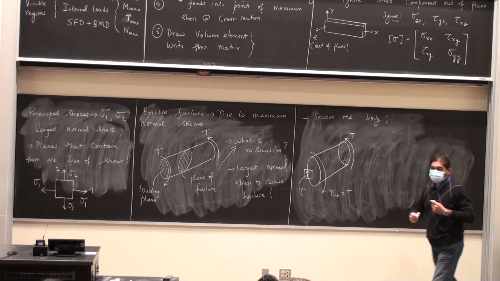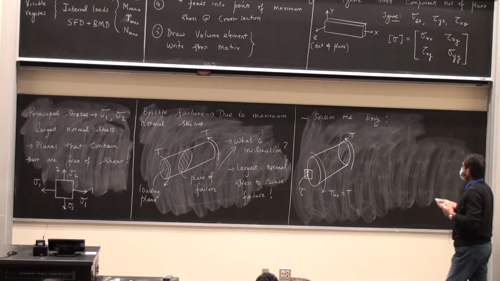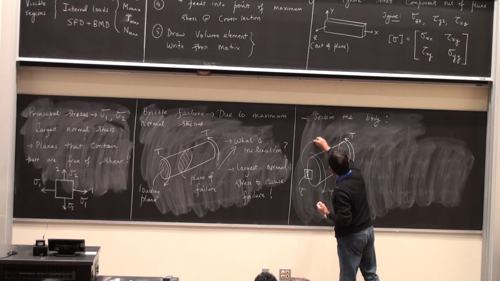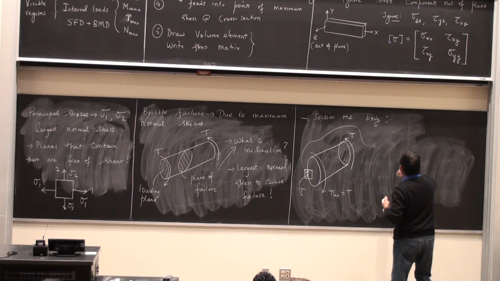This is done. Remove that out, draw it as a volume element. You have all this in your Notability files, just in case.